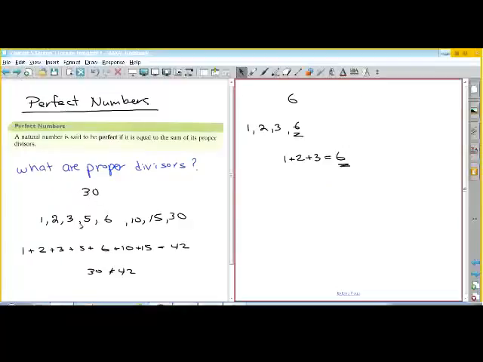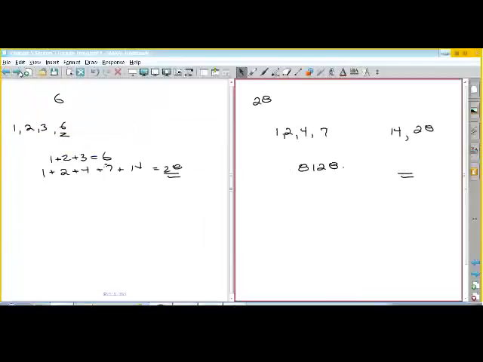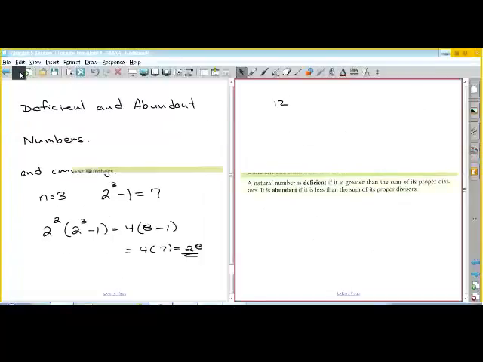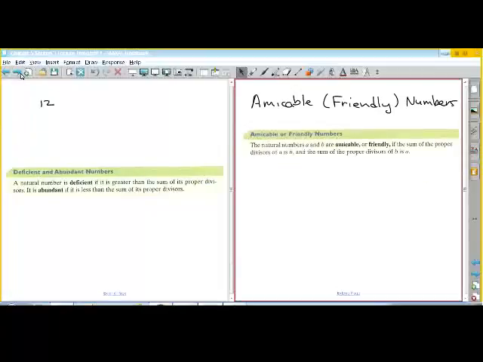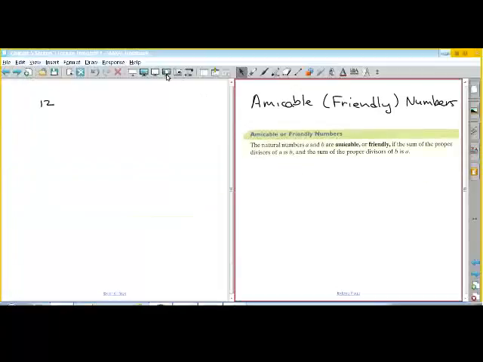So for example, back here where I tried 30, these added up to 42. And since 42 is greater than the number, 30 is an abundant number, because when you add the numbers up, they're greater than the number itself. So that's some weird names.